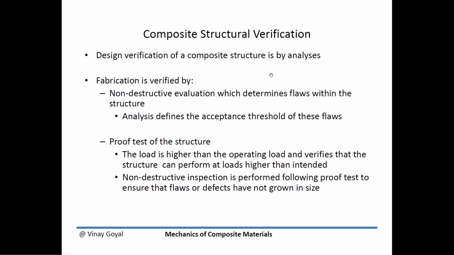And the purpose of this proof test is to show that there are no workmanship issues that could be of grave concern. Non-destructive inspection after the proof test even further increases confidence, because if there was a weak bond before the proof test, that weak bond will open up during the proof testing, and perhaps you can capture it after the proof test. And if there's an issue, you can then correct it through a repair.